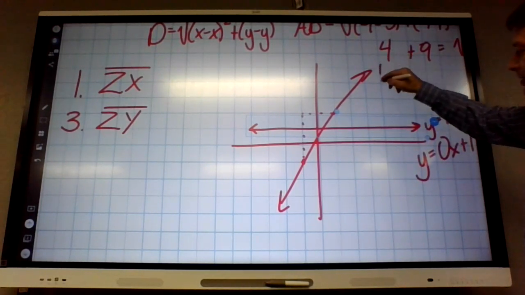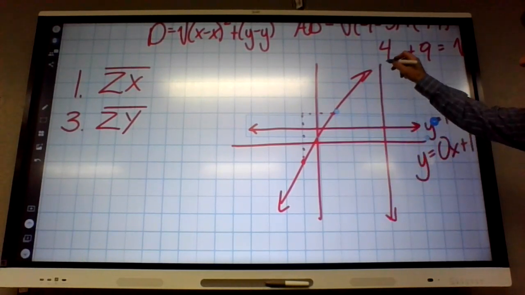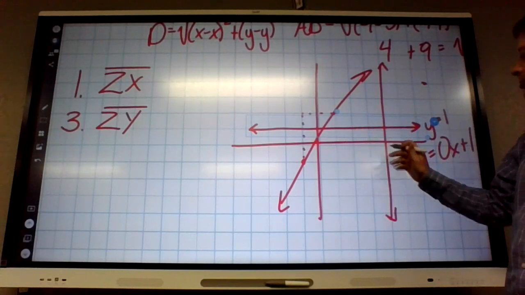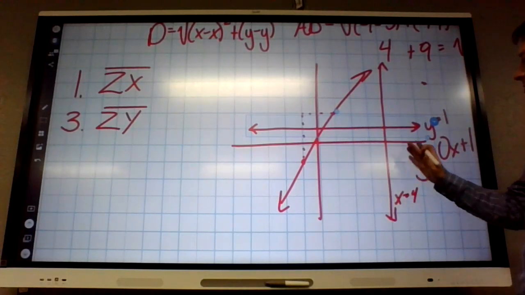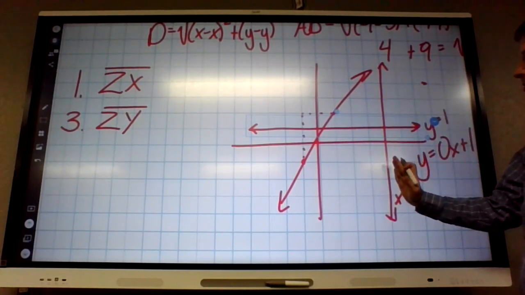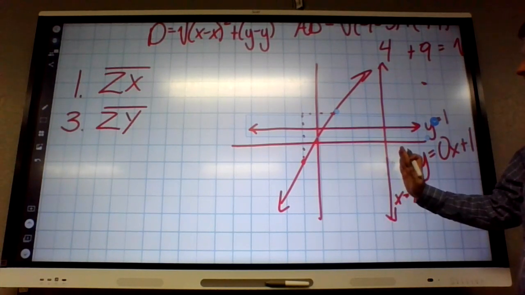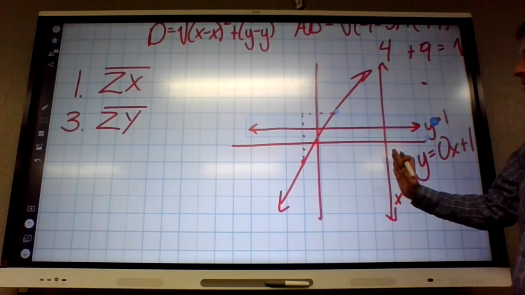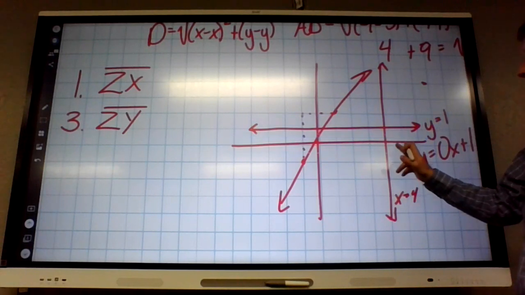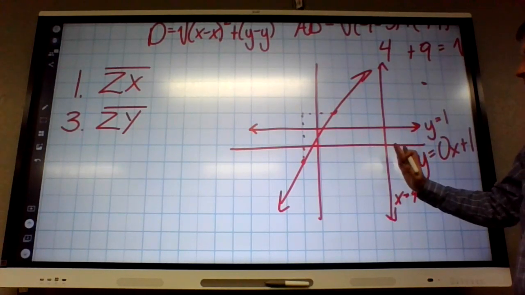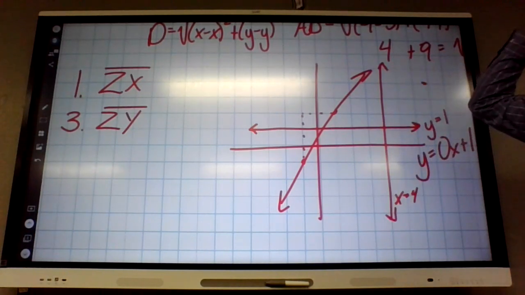Okay, but if I draw a vertical line, the equation would be like x equals 4, but what's the slope of a vertical line? No slope or undefined slope. Vertical lines have no slope or undefined slope.